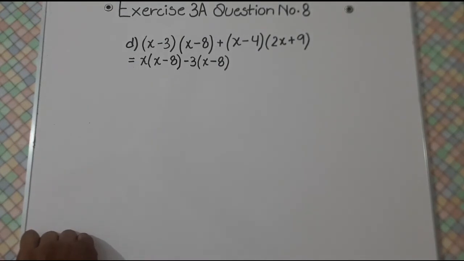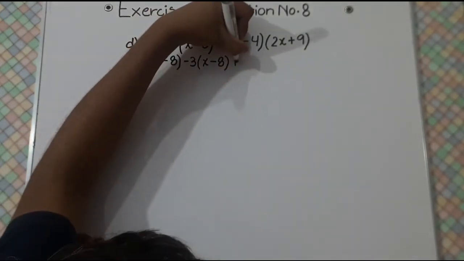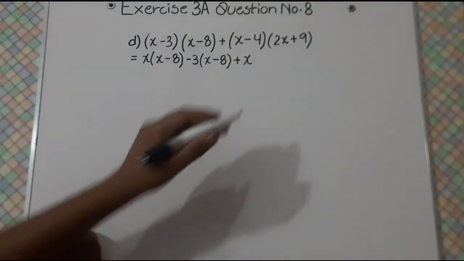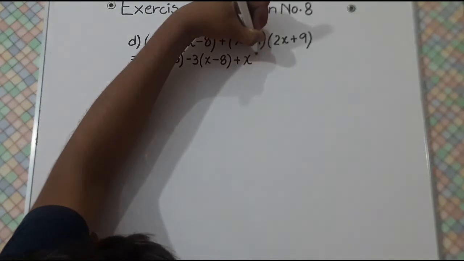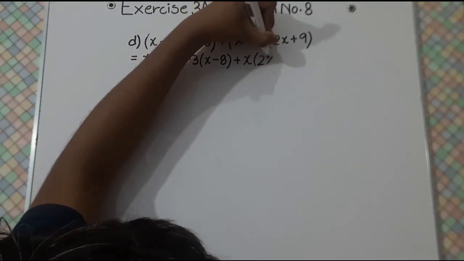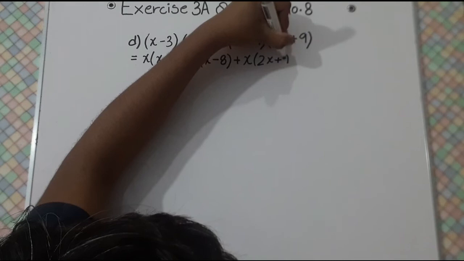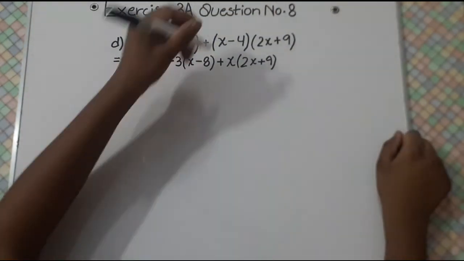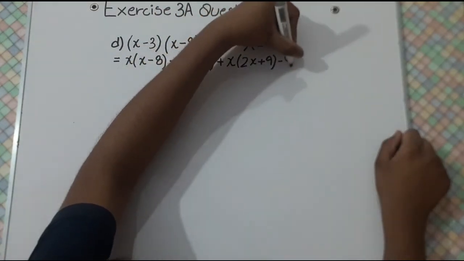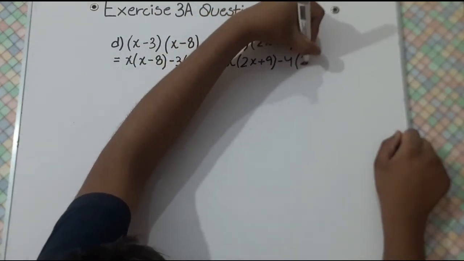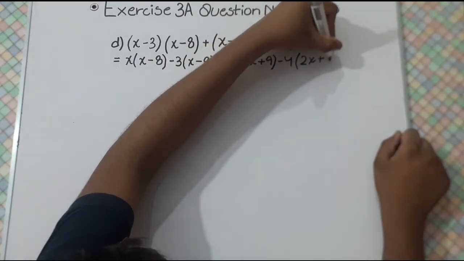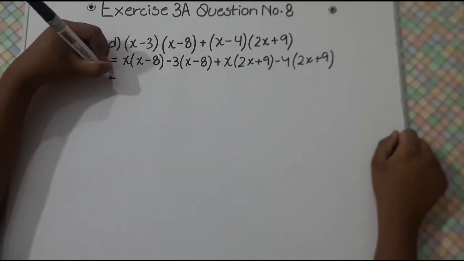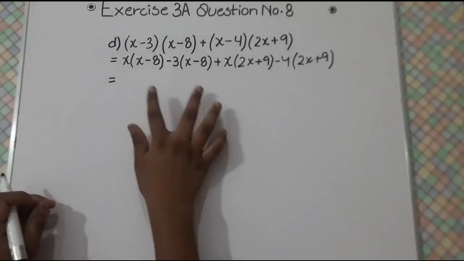Now it's plus, we are going to write x, and we are going to write with this bracket 2x plus 9. Then we are having minus 4, and we are going to write it with 2x plus 9. Now we are going to solve all these brackets.